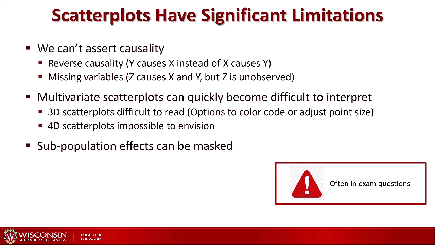And finally, subpopulation effects can be masked in the plot. What that means is that when we create a scatter plot, you might have some portion of those points where X and Y may be positively related, and for another portion of those points, X and Y may be negatively related. That especially happens when you mix different subpopulations on the same plot.